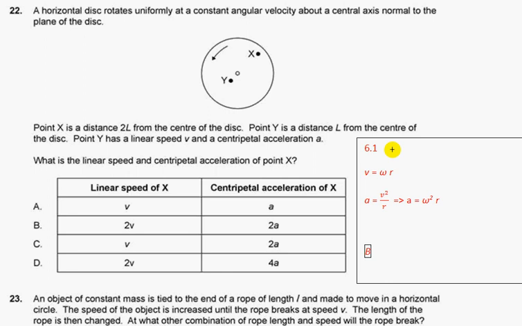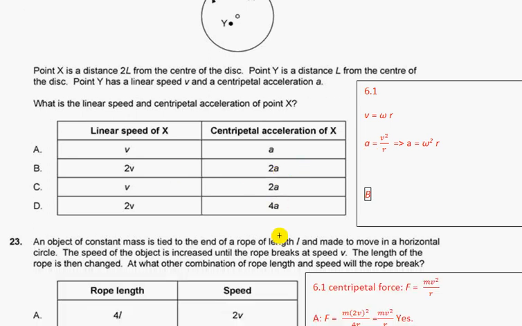Section 6.1, formula for velocity: omega r. So if X is at 2L distance, then v is 2 times greater. The formula for acceleration should be rewritten, so we substitute v here, we get a equals omega squared r, again a linear relation: 2 times increase of r, 2 times increase of a, so we choose B, 2v and 2a.